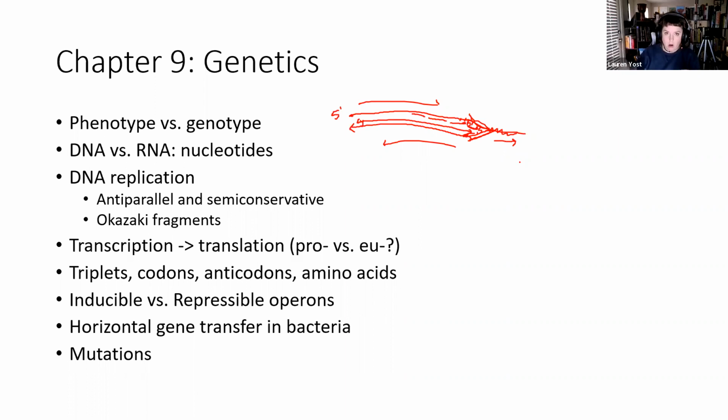Okay. Nonsense: we have a change in the codon, which could be like AAG, which was for lysine. Now we have a mutation for it to become, instead of AAG, UAG. And UAG does not code for an amino acid. That makes it a stop codon.